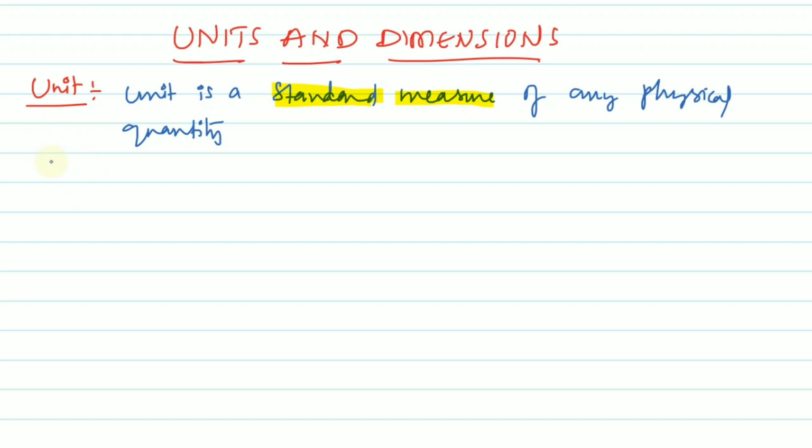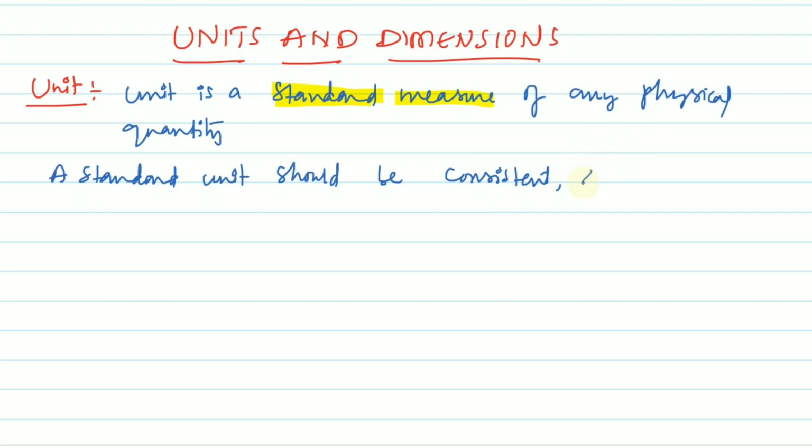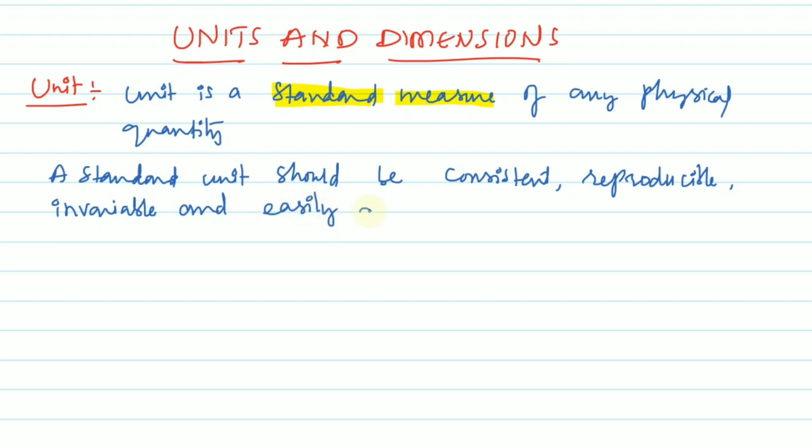The desirable features of a standard unit. What features must a unit have? A standard unit should be consistent, reproducible, invariable, there must not be change in it, and easily available.